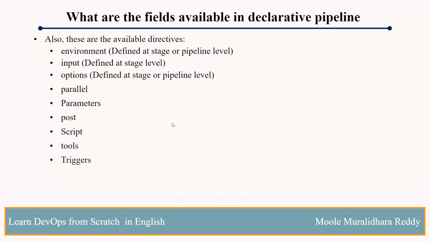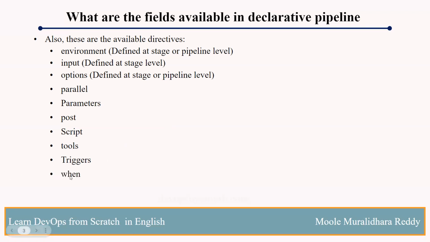Okay. Next one, triggers. Triggers is nothing but if you want to trigger at a specific time, we can use it. If you remember, inside the Jenkins job, we have build periodically, pollSCM, and also webhook, right? Here also same. In triggers, we have cron, second one is pollSCM, third one is upstream. We can declare all these options inside the triggers option.